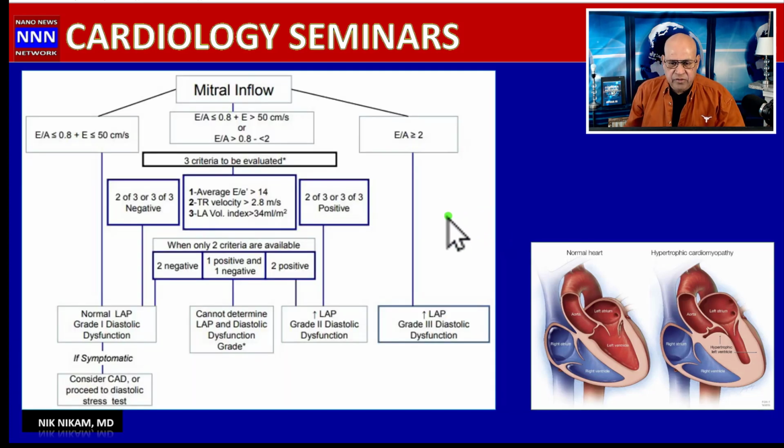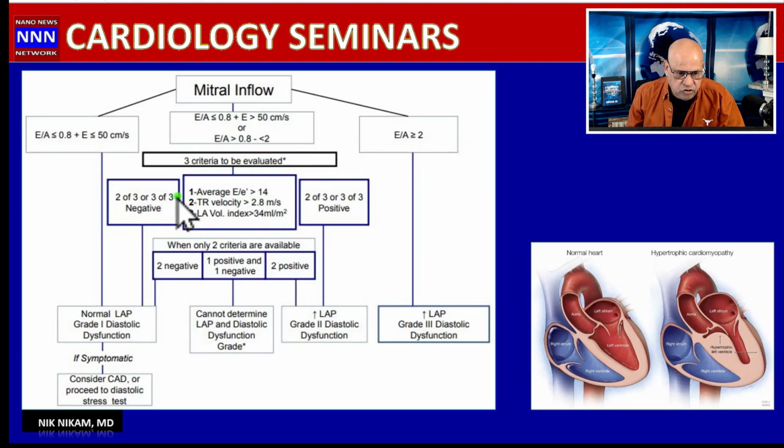And we always have a question as to how do we really identify who has grade 3 versus who doesn't have grade 3? And here's a beautiful chart they came up with by putting several different parameters: the E velocity, the E prime velocity, A velocity, A prime velocity, along with the left atrial volume index, plus tricuspid regurgitation velocity of greater than 2.8 meters per second.